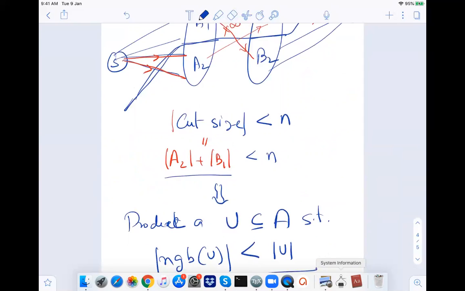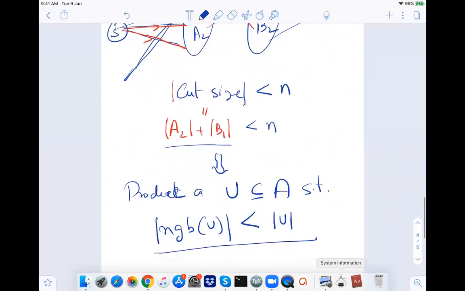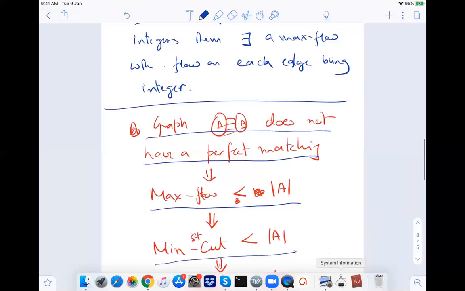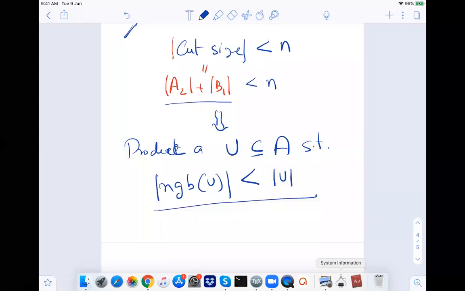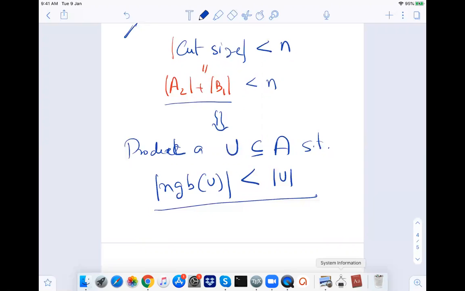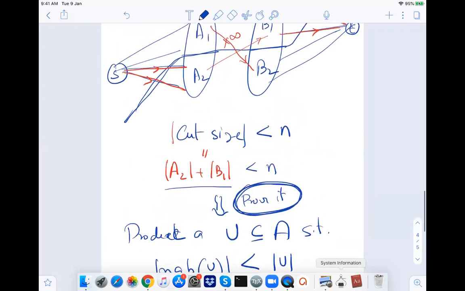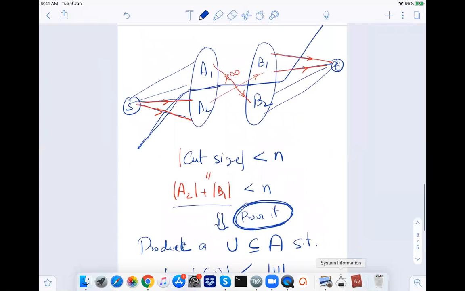This is exactly the other side of Hall's theorem: if a graph doesn't have a perfect matching, then there exists a U such that the neighborhood of U is strictly less than the size of U. I did not prove this, prove it for yourself. I have almost proved it. Maybe some of you can also see it. So go and think about it, you will have it.